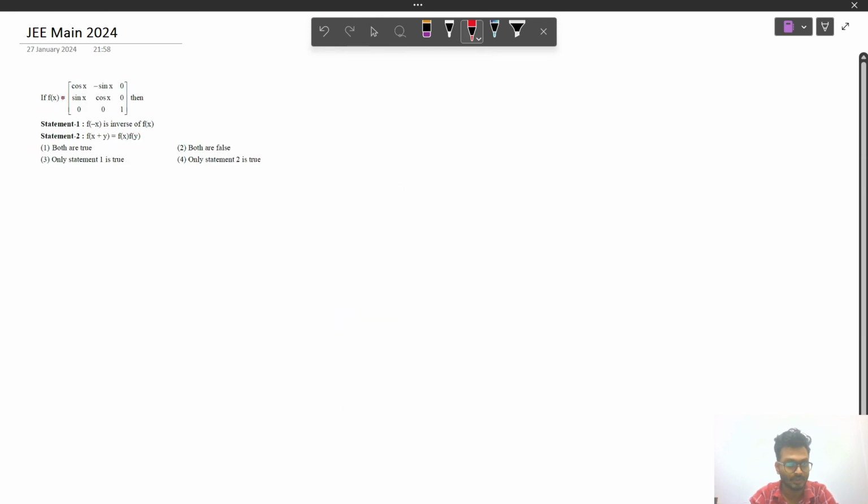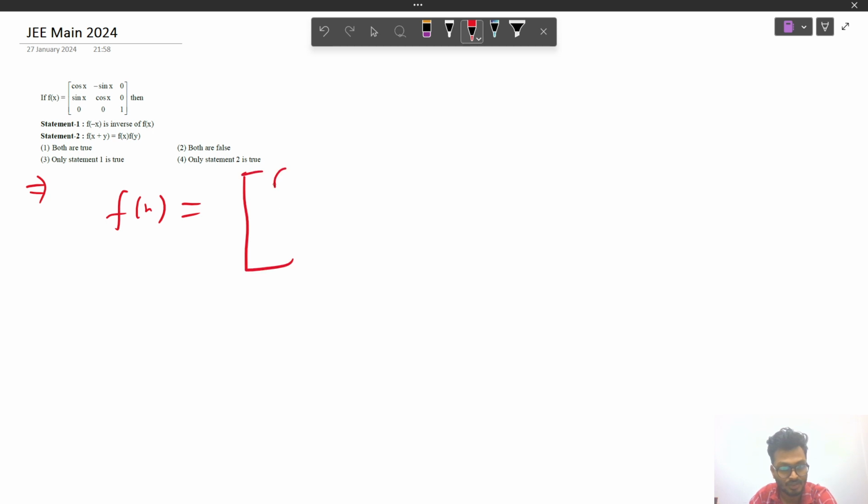Let's jump into the third question. In that question, the function f(x) is given. f(x) is the matrix with rows cos x, minus sin x, 0; sin x, cos x, 0; and 0, 0, 1. We have to find whether f of minus x is the inverse of f(x) and f of x plus y is this.